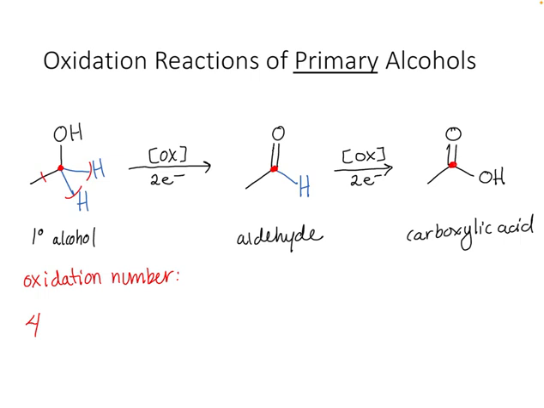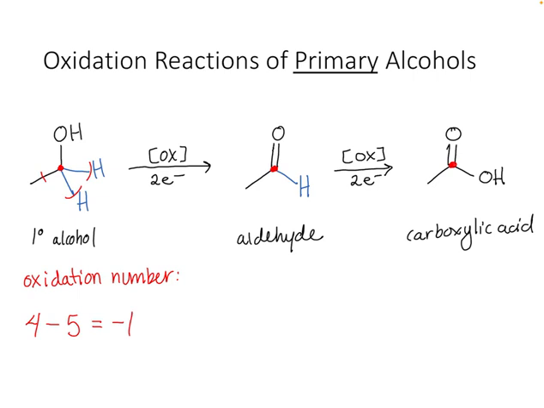And then it has no ownership of the electrons that go to oxygen. So in total, it quote unquote owns 5 electrons. So carbon's oxidation number in the primary alcohol is -1.